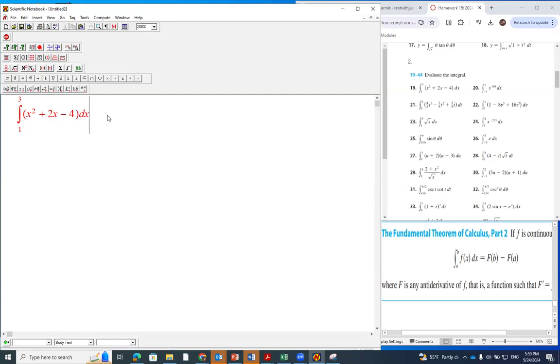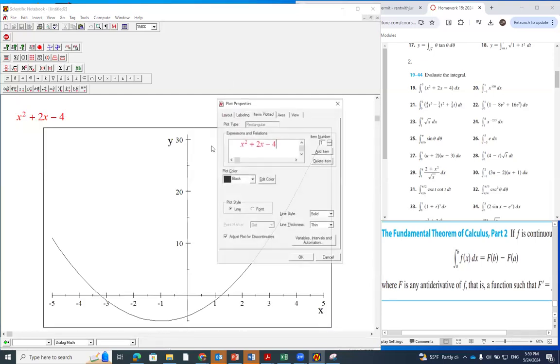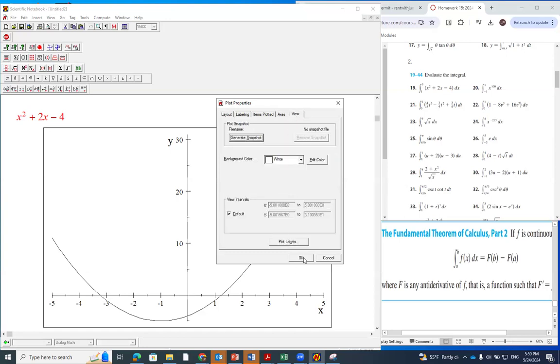Derivative dx. This is to find the area underneath the curve of this function, which is f of x. Well, you don't have to introduce that function. It's a curve between 1 and 3.